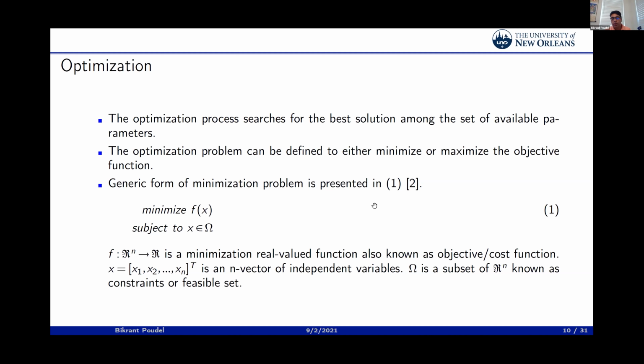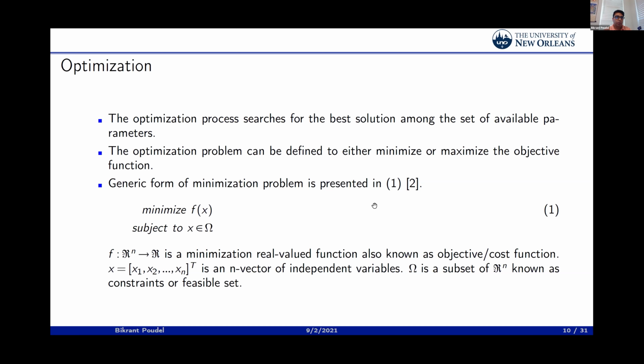Now our function f of x will have multiple objectives, meaning we want to do 3 different things here. All of those 3 different objectives, which I'll discuss later on, will make up our objective function. And the constraint that we are talking about here will be the range of all those variables. Sometimes we know that the value of the converter control cannot go below 0 or cannot be negative, so we can place that constraint during our optimization.